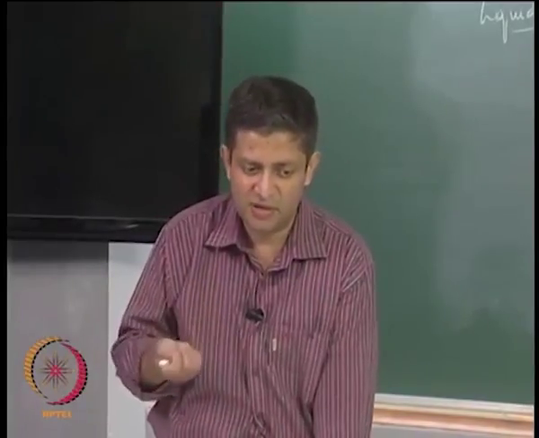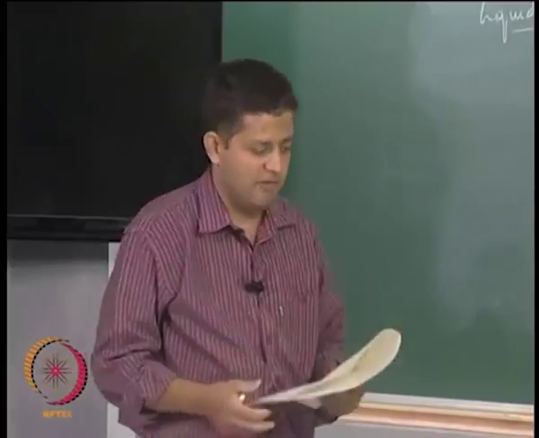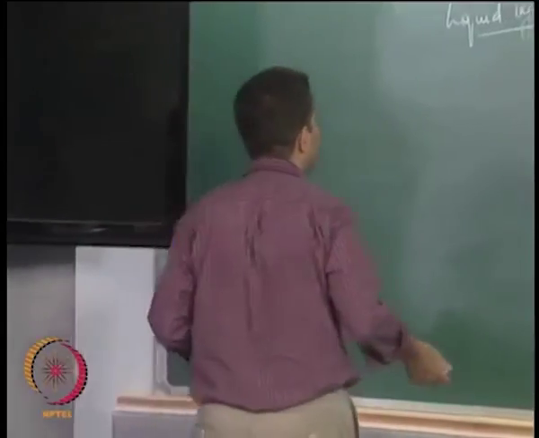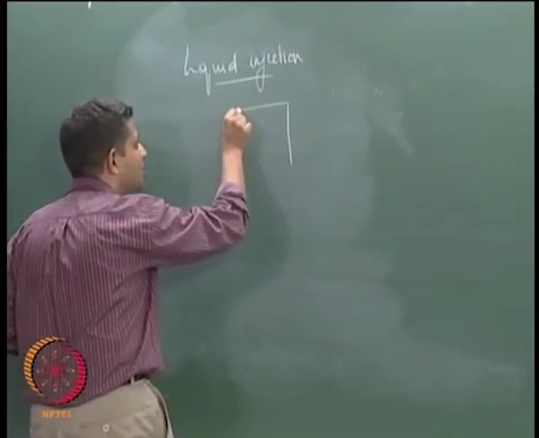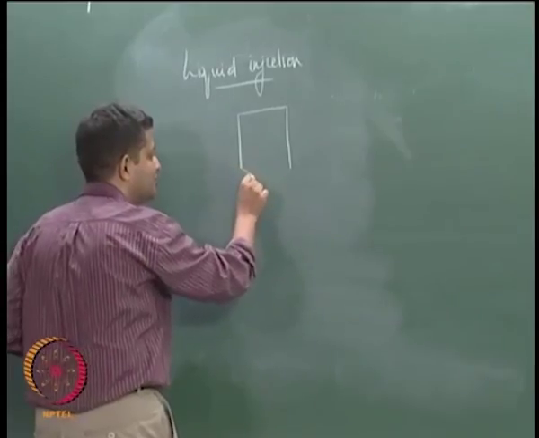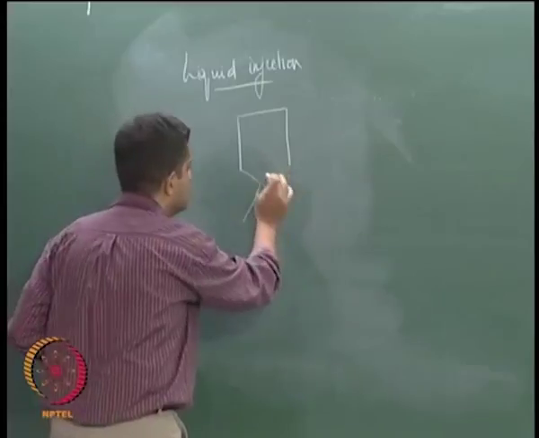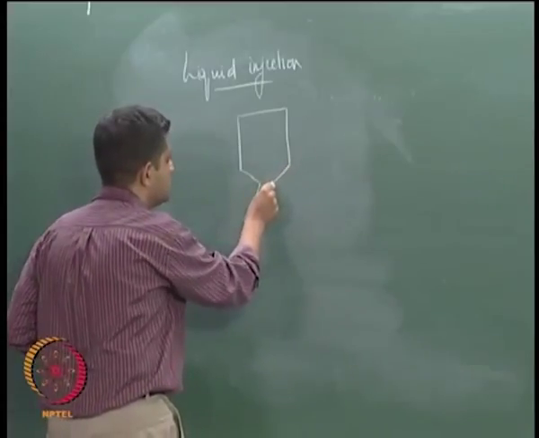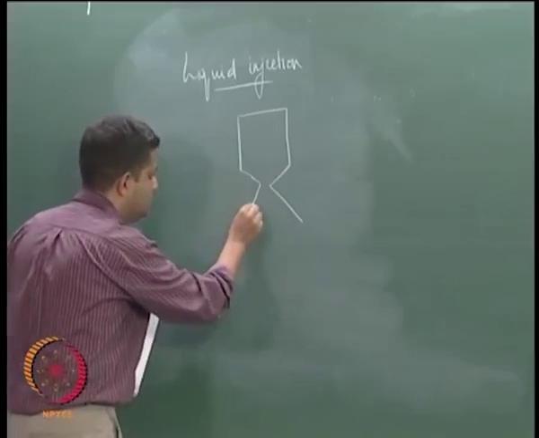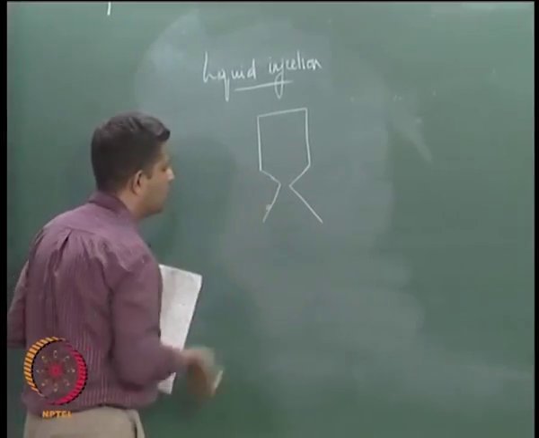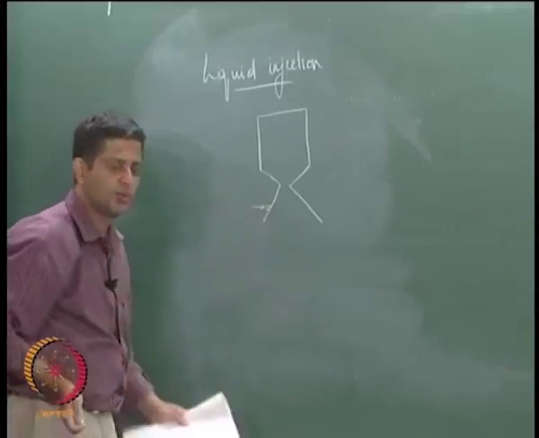In this method of thrust vectoring, we actually make use of that and we inject a liquid at some known point in the divergent portion, that is, let us say we inject the liquid at this portion.